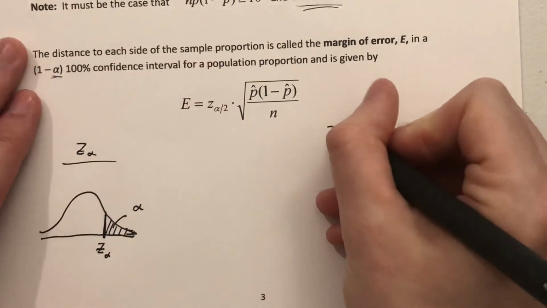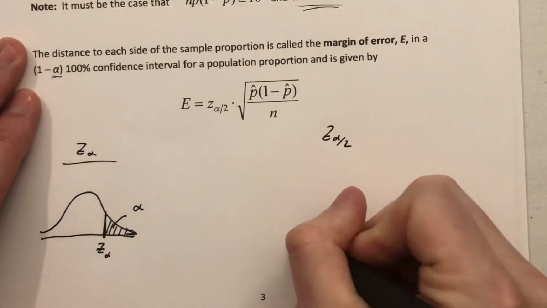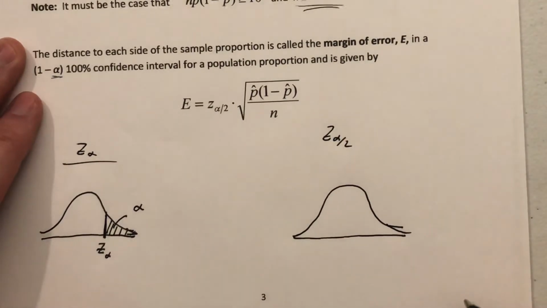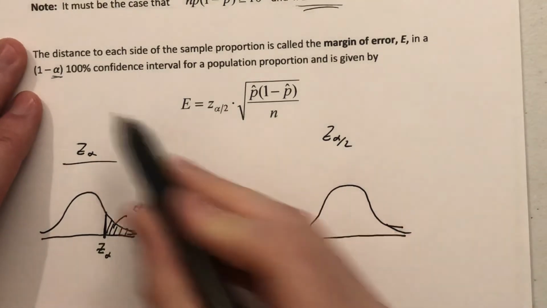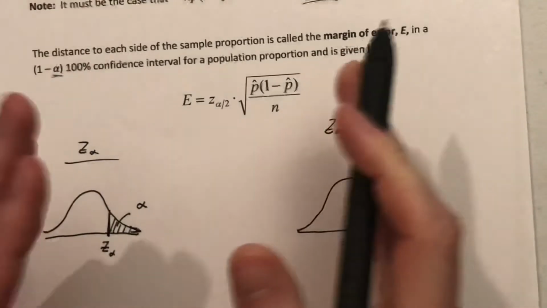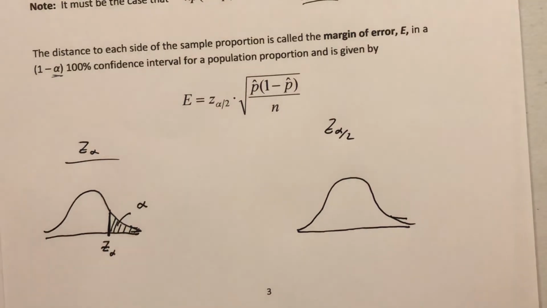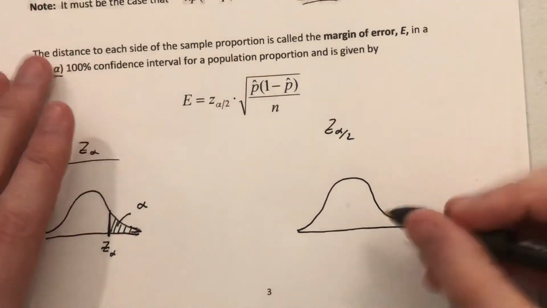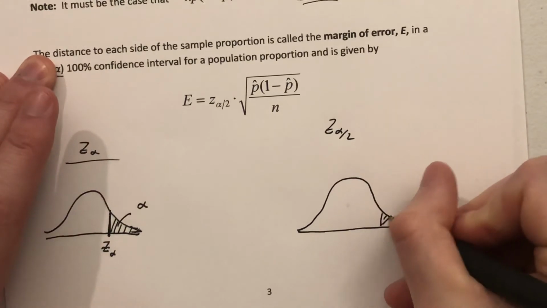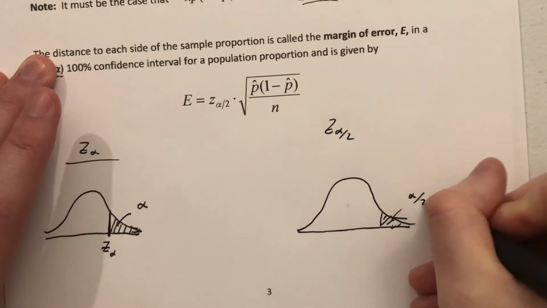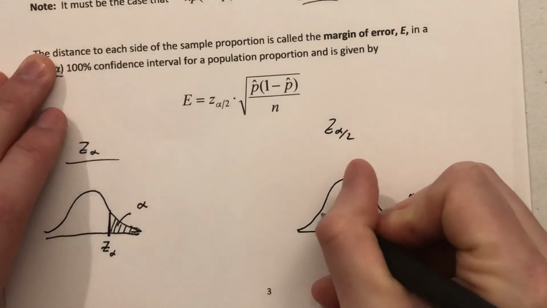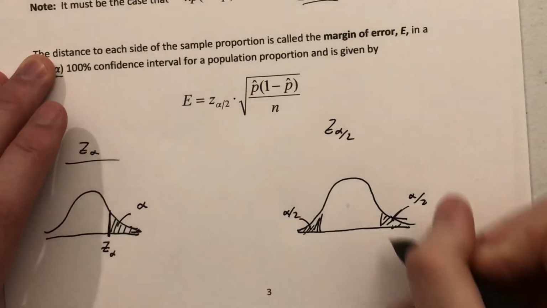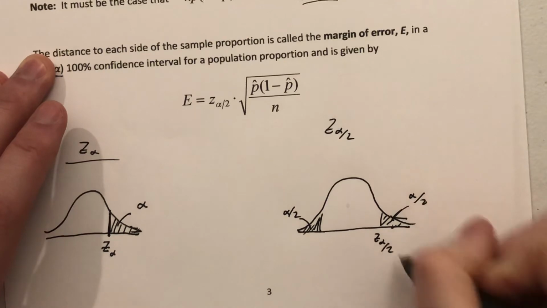So what z alpha over 2 is really having us do is imagine the normal curve, but take that alpha that we want outside of our confidence level, right? If we're 90% confident, 90% inside, 10% outside, but break it up so that there's alpha over 2 on this tail and an alpha over 2 area on that tail. And so this is what we're really finding.